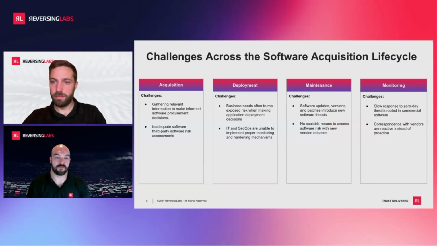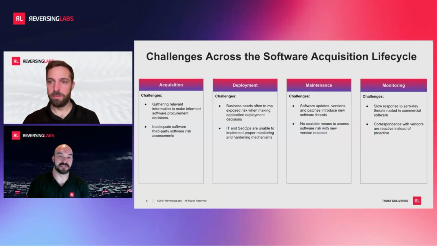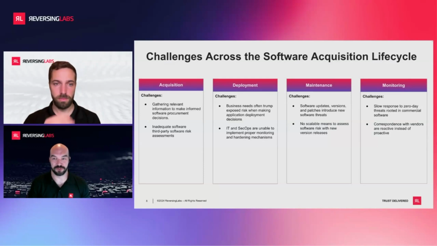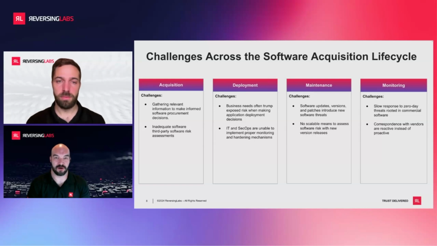So once a software package is procured, what that software is meant to do, the business need, is often an afterthought in terms of doing due diligence. The business requires the software to be deployed to fulfill a specific need. So security of that software package is often an afterthought.